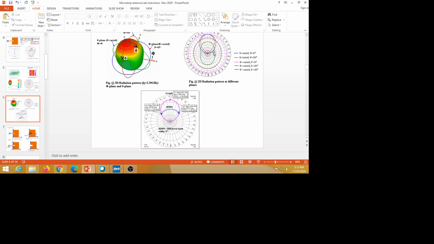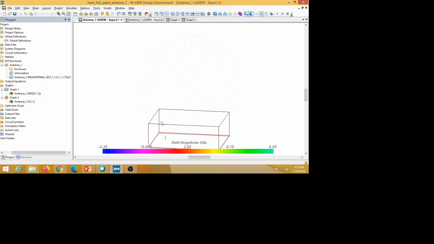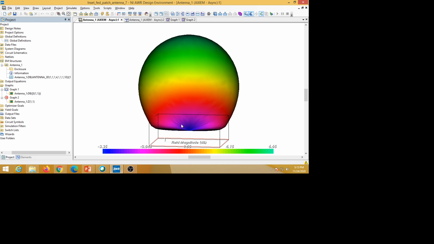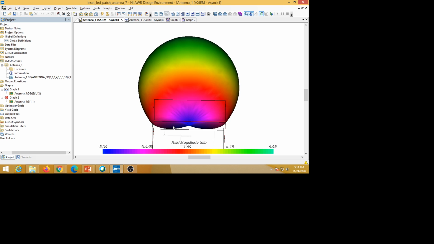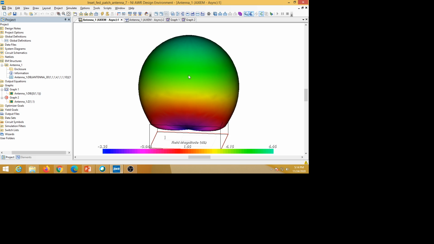It may become like a figure 8 at the very bottom. At low values of theta, it looks like a figure 8, but at the top it almost looks like a circle.